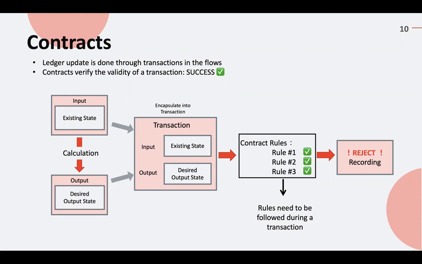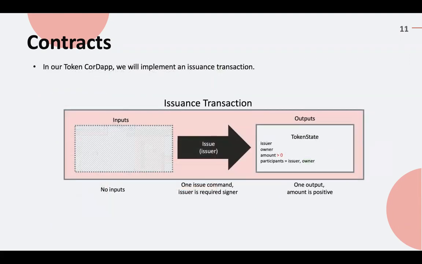So let's actually go and define what one of these contracts might look like. The slides reminded me of one other aspect of this that we should talk about, at least for a moment. In the case of our token state, we're going to implement an issuance transaction. We're not going to be updating, we're just going to be issuing a new state.